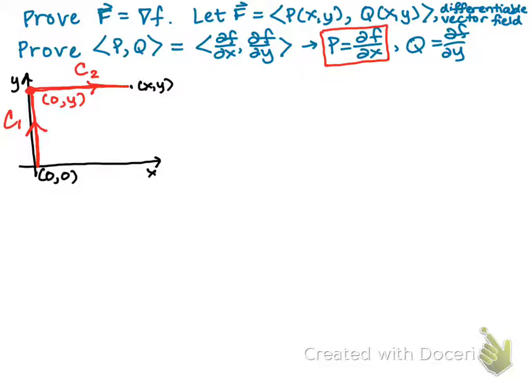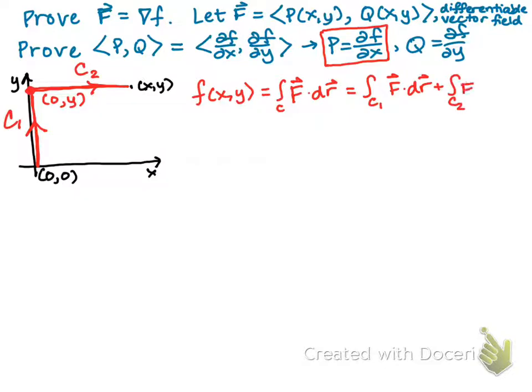And so f of xy, remember we defined this function as the line integral over C of F dot dr. Well, that's going to be the sum of my two segments: the line integral over C1 of F dot dr plus the line integral over C2 of F dot dr.